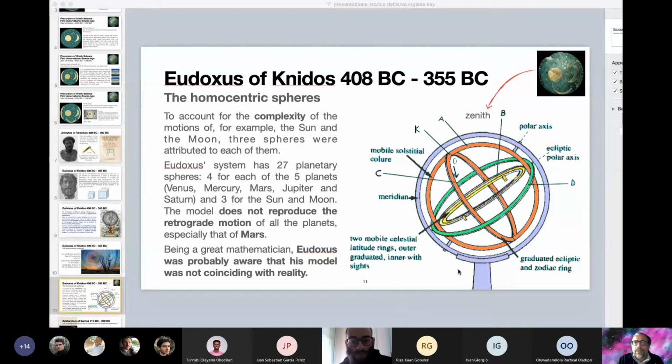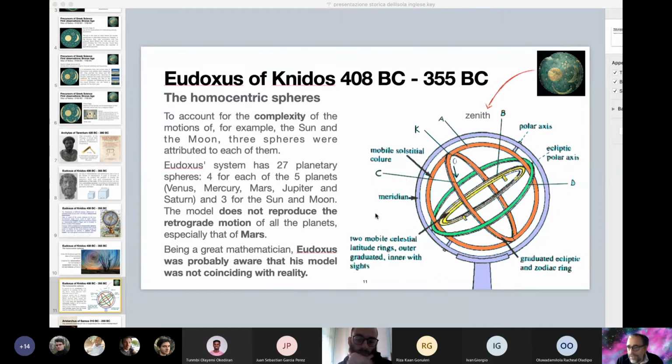So in the model of Eudoxus, you had 27 planetary spheres, 4 for each of the 5 planets, Venus, Mercury, Mars, Jupiter, and Saturn, and 3 each for the sun and the moon. Remark that the model does not manage to reproduce the retrograde motion of all the planets, and in particular that of Mars.